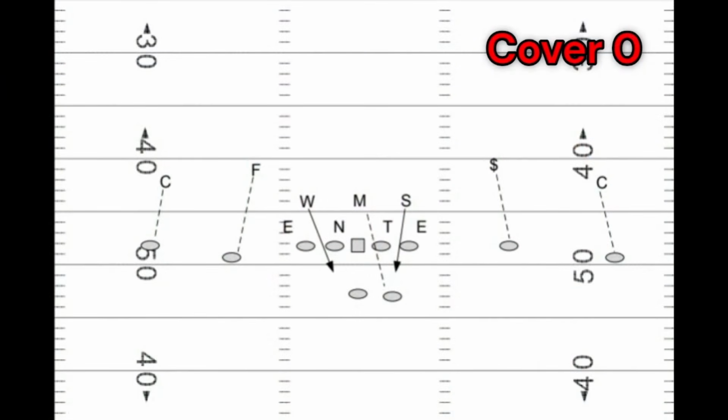Now, this is the pièce de résistance, right? Of being able to read and recognize defenses. Is recognizing blitz before the snap. Cover 0 is, I think, the biggest litmus test when it comes to determining whether or not someone kind of knows ball pre-snap or not.